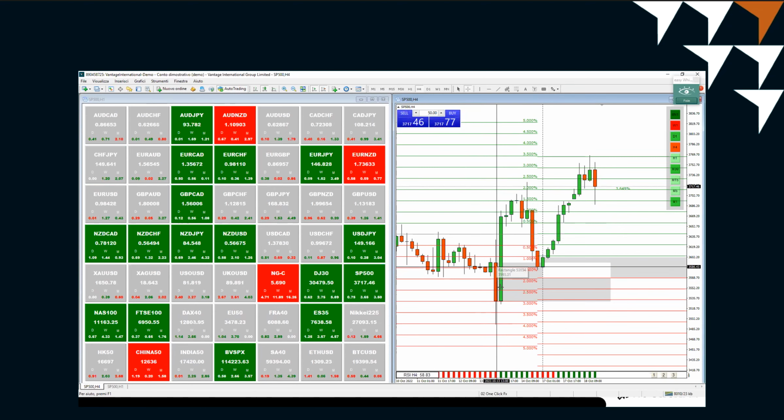The reason we can say that is that institutionals cannot place their entire orders at one time. They need to scale the entry. So it's inside these last red candles or last green candles where the institutionals start to place bit by bit their big orders.